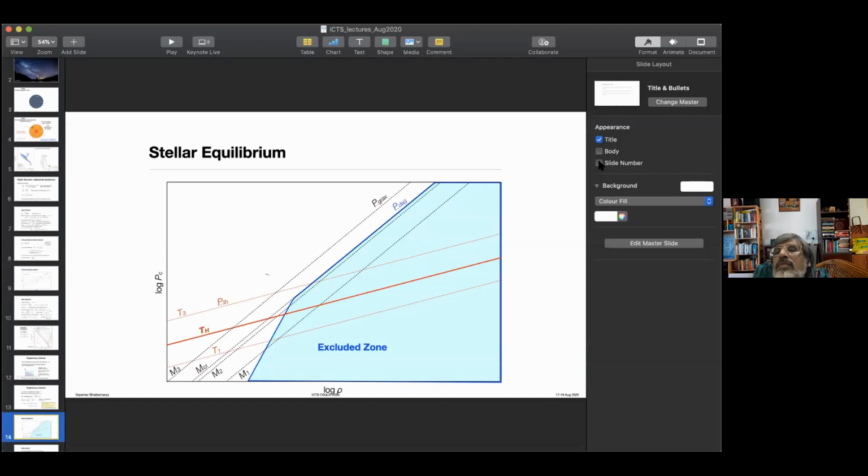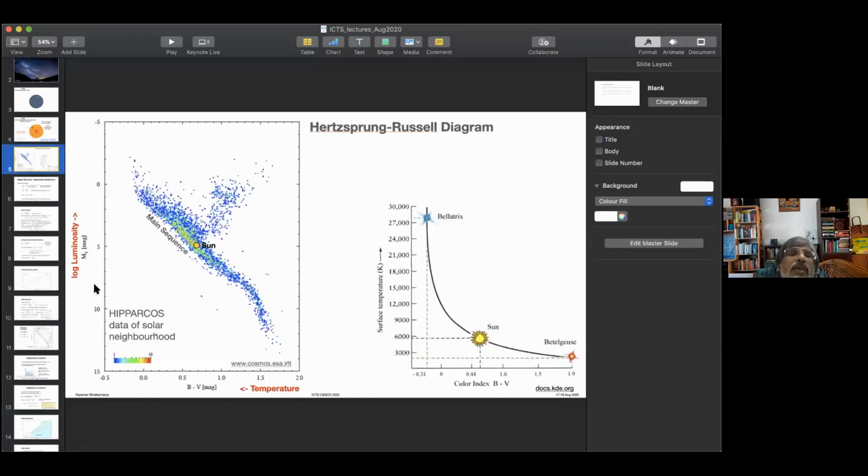Is there any relation between bolometric magnitude and the B minus V magnitude that you showed? Yeah. So in fact, I have put MV here. The better thing to do to construct a Hertzsprung-Russell diagram would be to put the bolometric magnitude, because that would give you a closer measure of total luminosity than MV does.